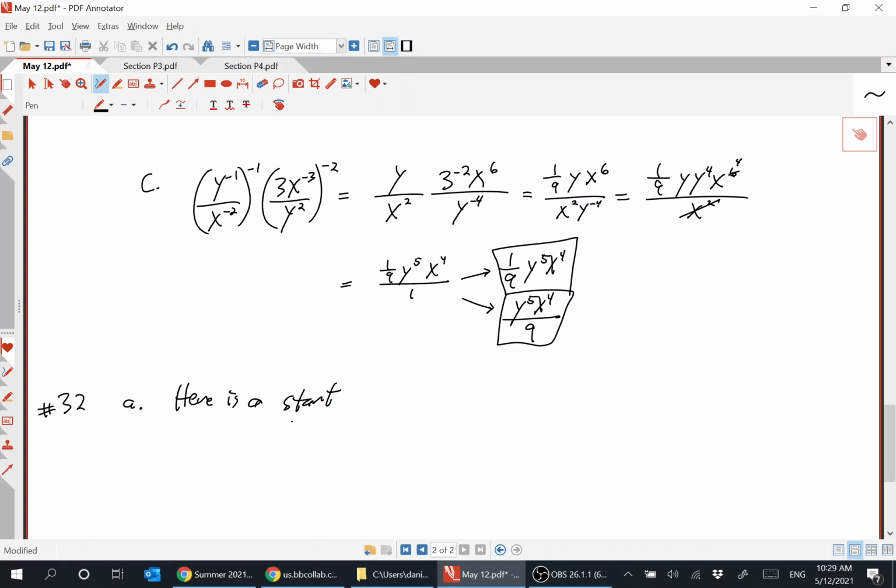So we've got 1/2 a to the minus 3 b to the minus 4 over 2a to the minus 5 b to the minus 1.